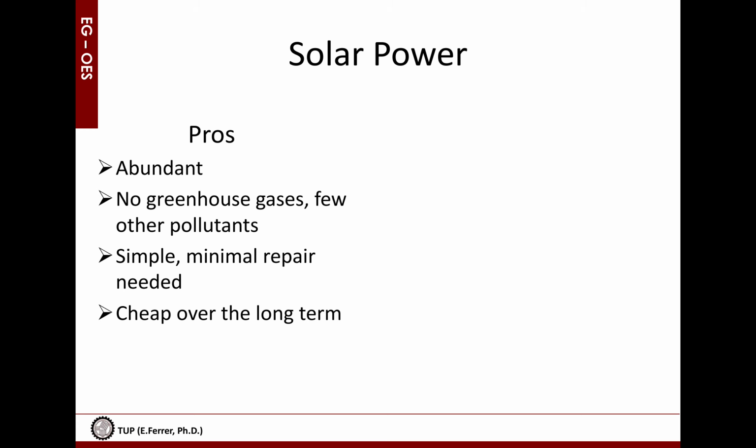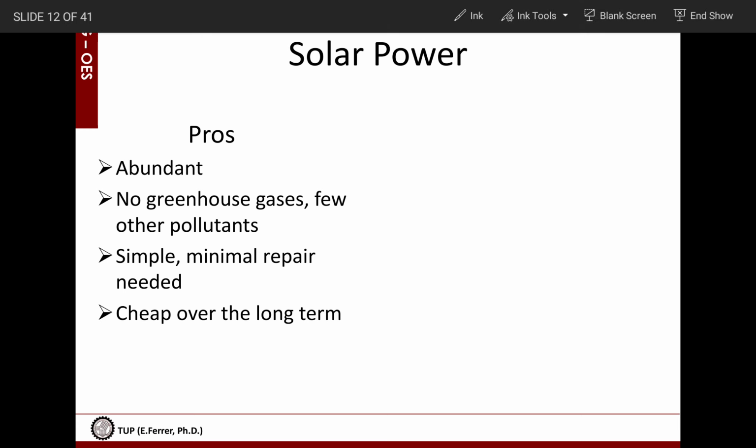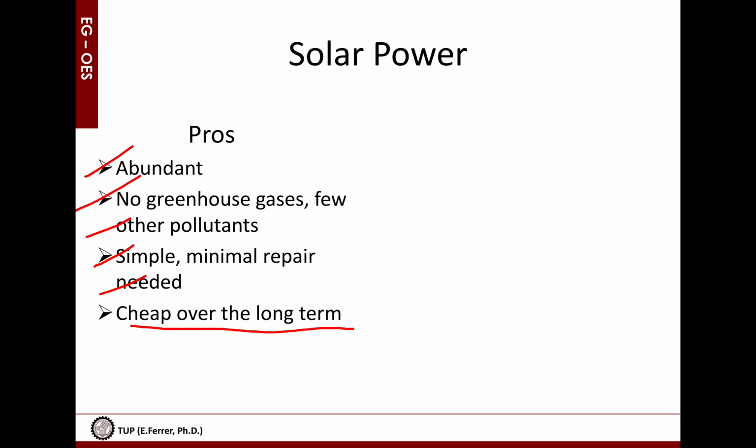So for solar power, the pros are these. It's abundant because it's coming from the sunlight, no greenhouse gases, and few other pollutants. It's simple, minimal repair needed. It's cheap over the long term. Okay, that is the pros.